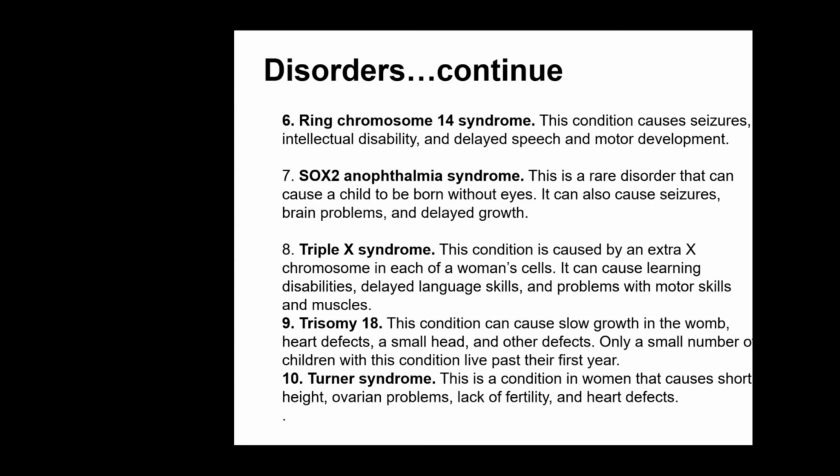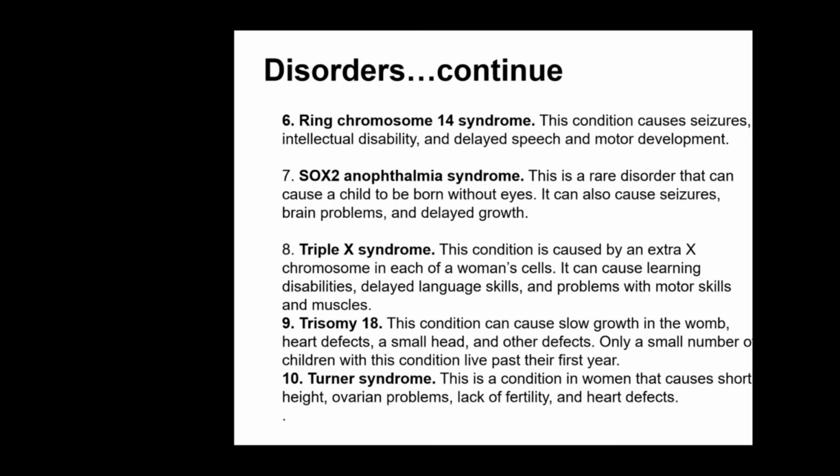We have also a syndrome called triple X syndrome. In this condition, there is an extra X chromosome in each of the woman's cells, which can lead to problems in learning, delayed language skills, and problems with motor skills and muscle.